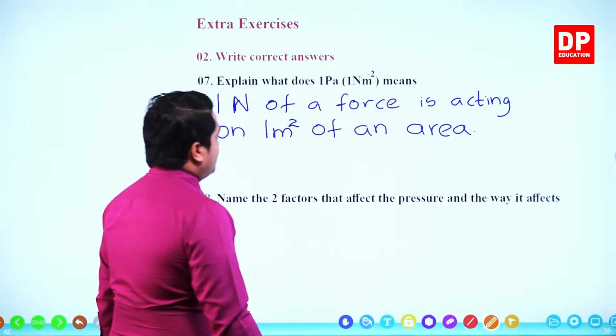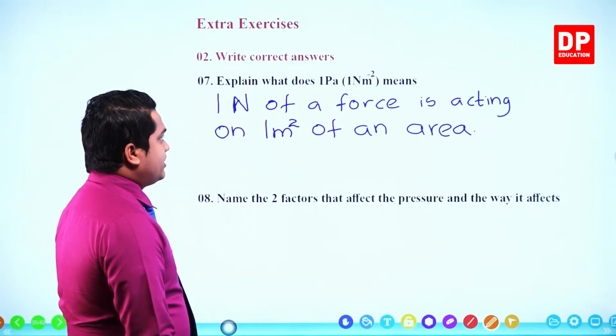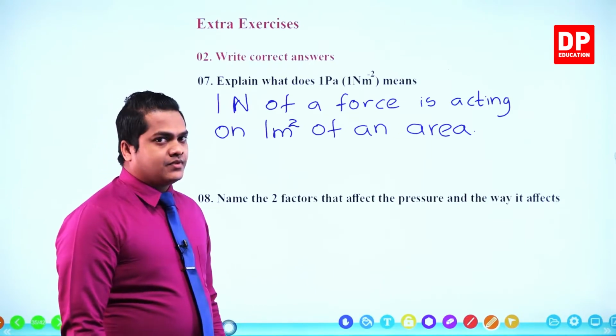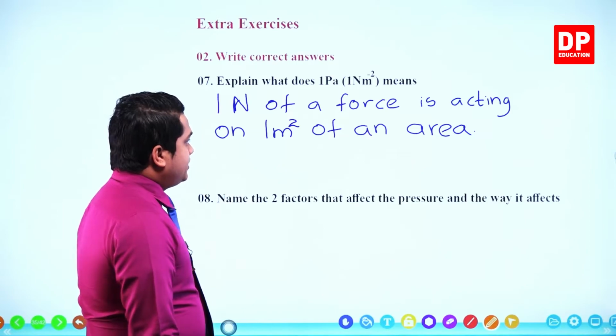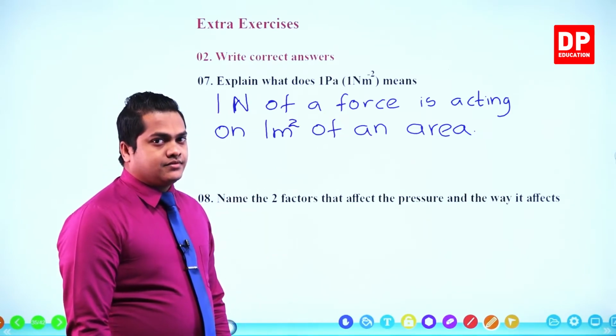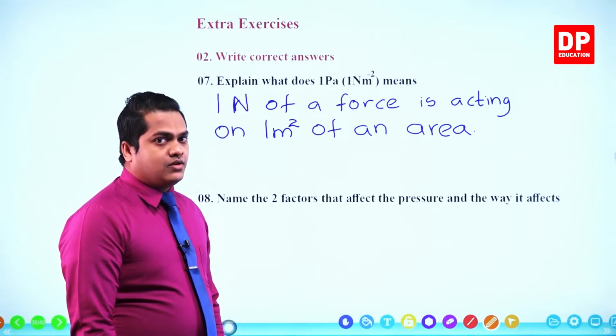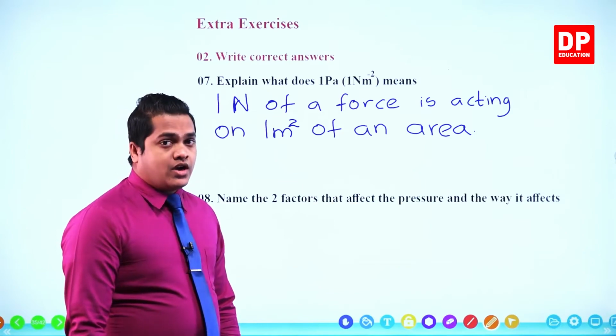This is what you mean by 1 pascal or 1 Newton per square meter. Upon an area of 1 square meter, 1 Newton of a force is acting. Right? This is 1 pascal or 1 Newton per square meter.